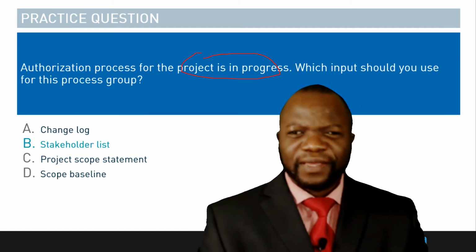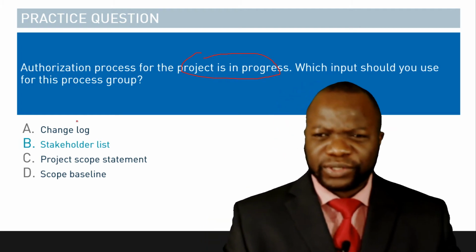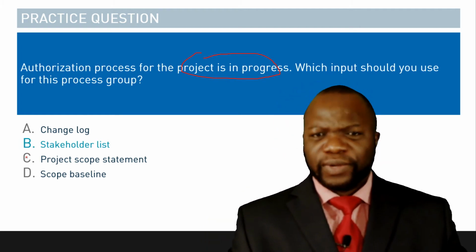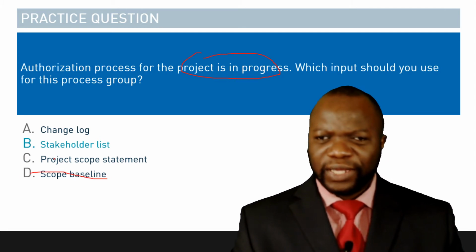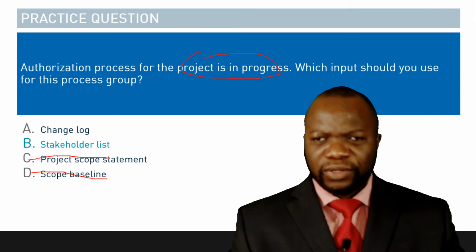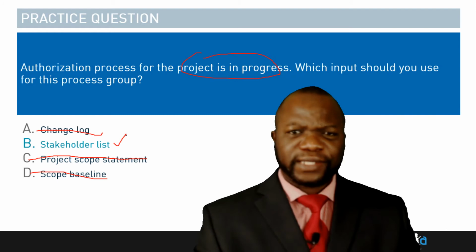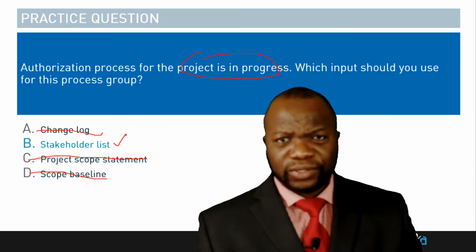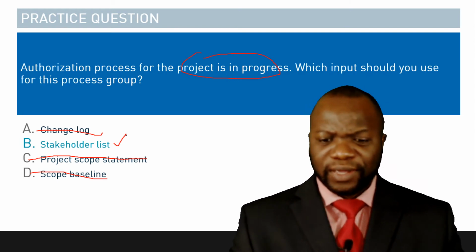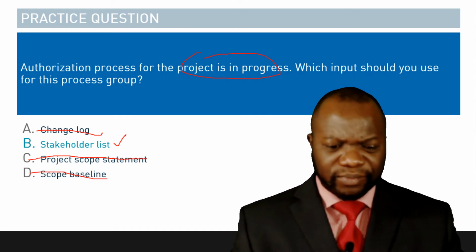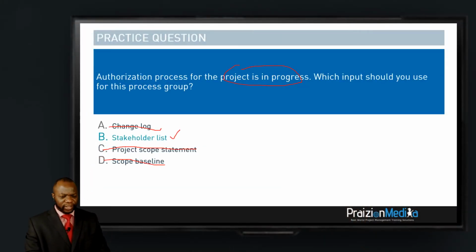In develop project charter, you're in the initiating process group, but you're also in initiating where you identify stakeholders, and you do not have any of these just yet. You're not using a change log, but you are using the stakeholder list as an input to identify stakeholders. So it does need some thinking through, but questions like this are prevalent on exams such as the PMP exam. You gotta think it a little bit.